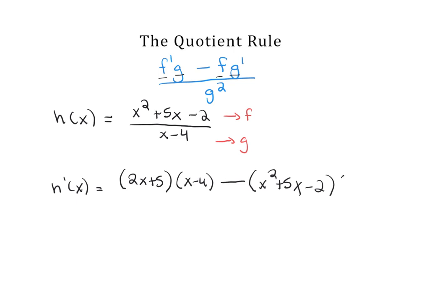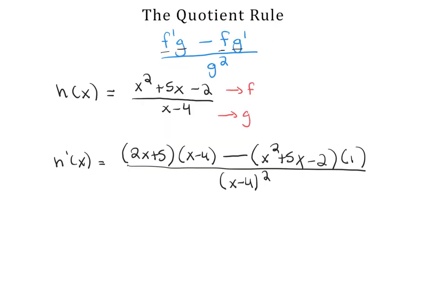Well, the derivative of the bottom is just 1, and that's all over the bottom squared, so x minus 4 squared. All right, so with these, sometimes you can't simplify them much, but we can simplify this one.